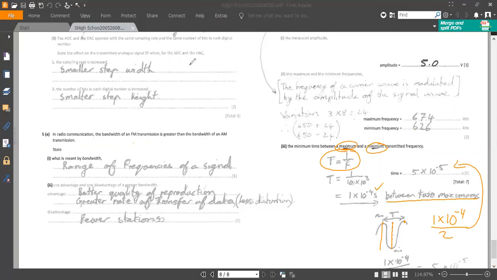Okay. Hopefully that helped. Okay, guys, so that was communications. As I said, a lot of theory. Something that didn't come out that much in this worksheet was the difference between your geostationary satellites and your polar satellites.